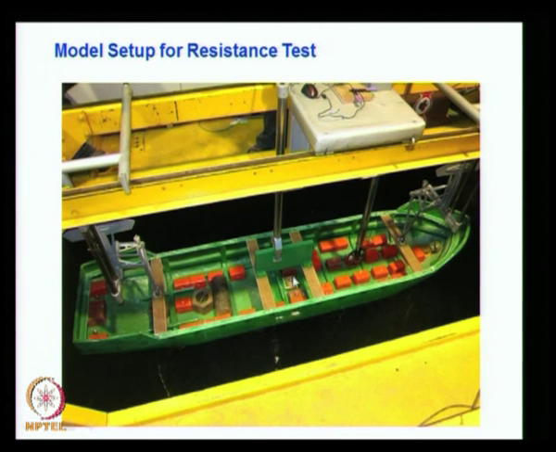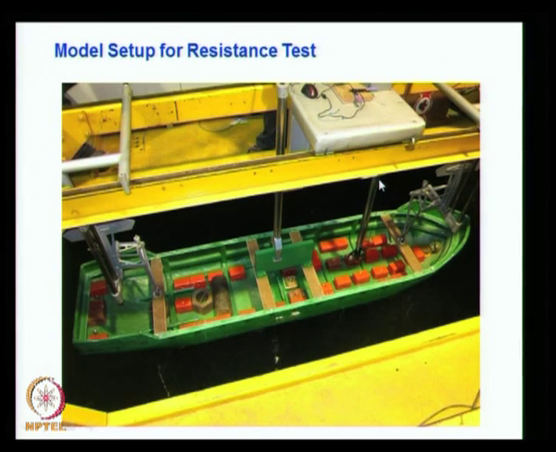So here is another arrangement. There is a tow point, which usually coincides with the center of resistance. From the tow point a rope goes through a pulley, and this goes up and finally is connected to a load cell. So when the ship moves at constant speed and the brake is released, the tow rope is pulling the model forward with the carriage.